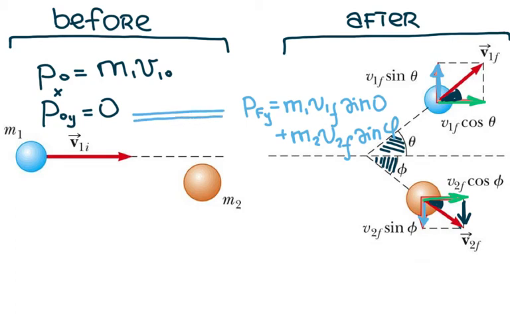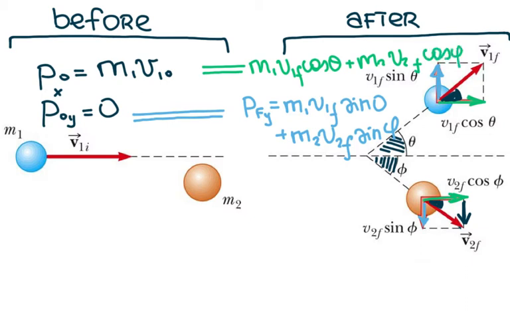And the same for horizontal. For horizontal, this is your momentum before. It must be equal to the momentum after. Momentum after for horizontal is m1 v1 final cosine theta plus m2 v2 final cosine phi, because you have this horizontal momentum and you have that horizontal momentum.